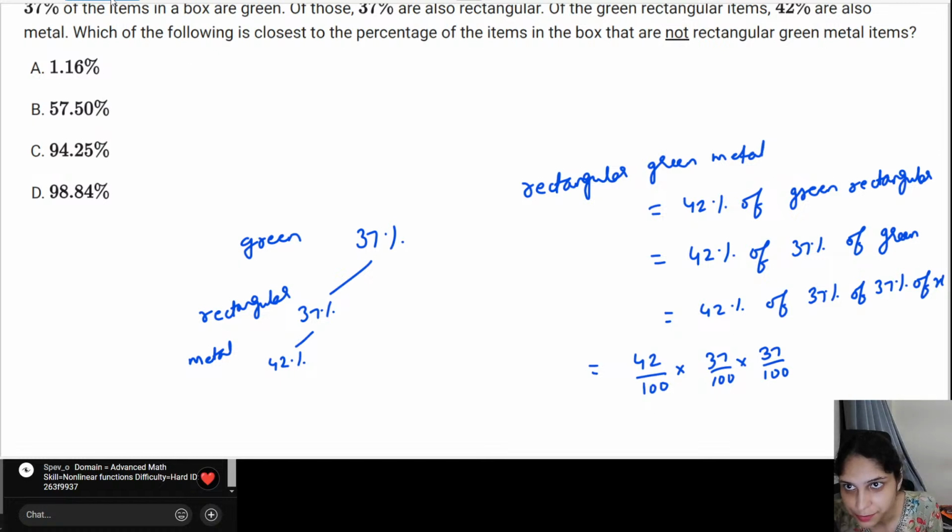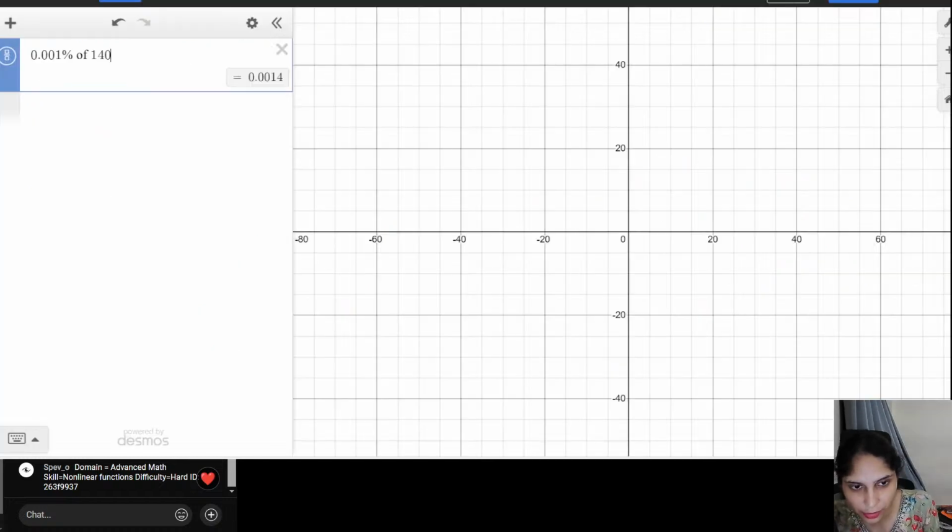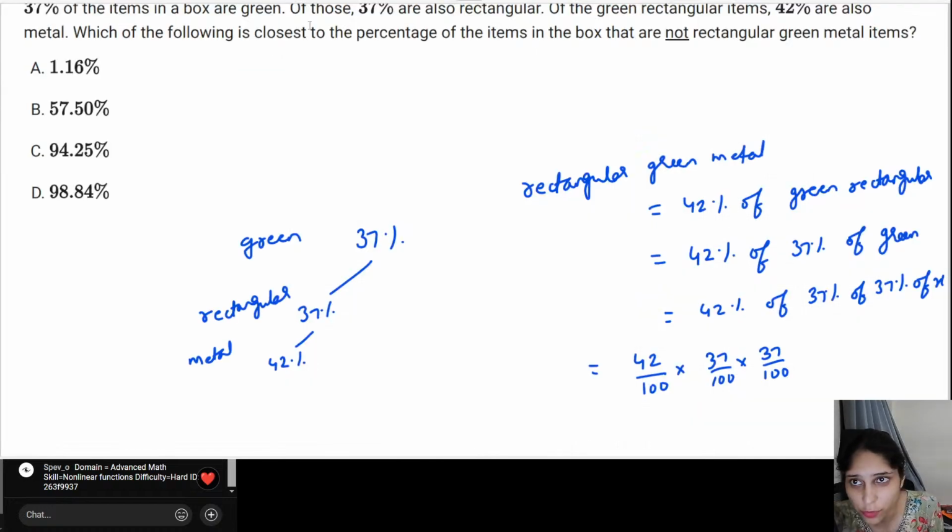Got it? This is also a chained thing. And if you want a percentage, always write 100 instead of x. Whenever the total is not given to you, take the total as 100. So 42 and 37 become just the numbers.